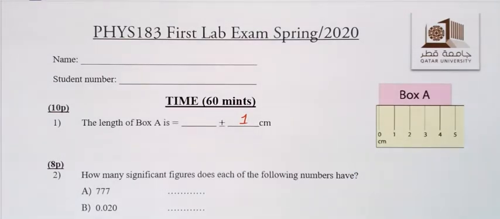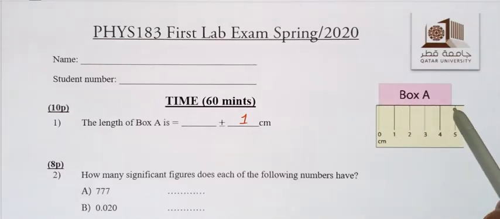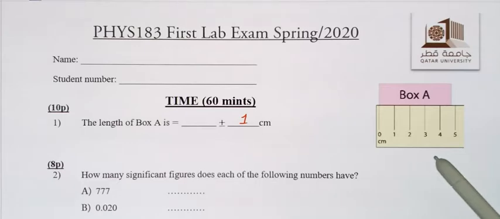It is 1. Now the length of the box starts from the 0 and ends up between 4 and 5. I cannot put 4.5 or 4.8 or 4.7. Why? Because that's the second rule: the number has to match the error in accuracy.